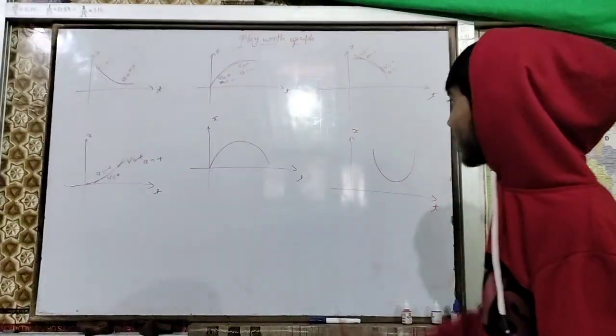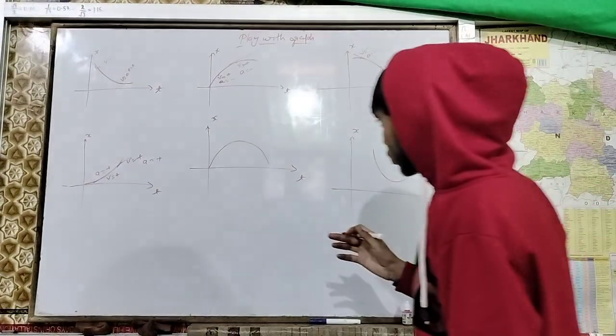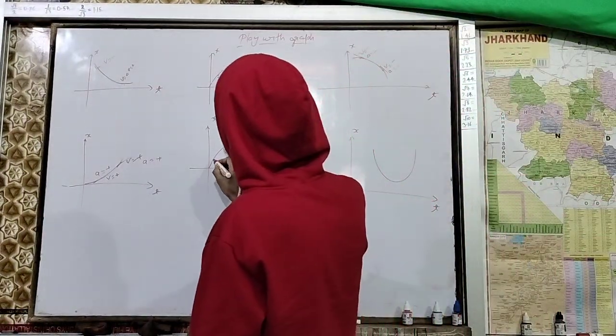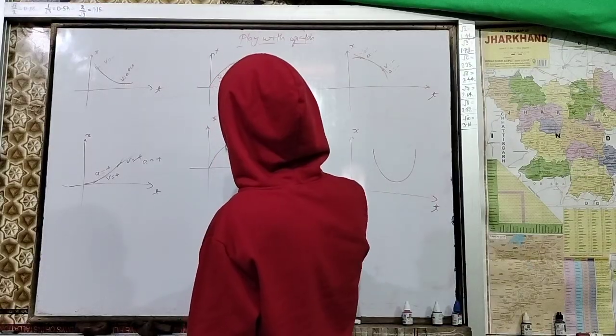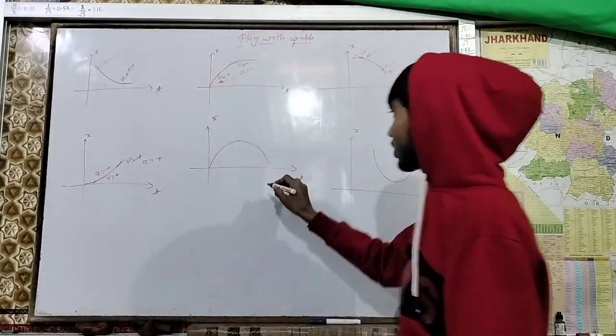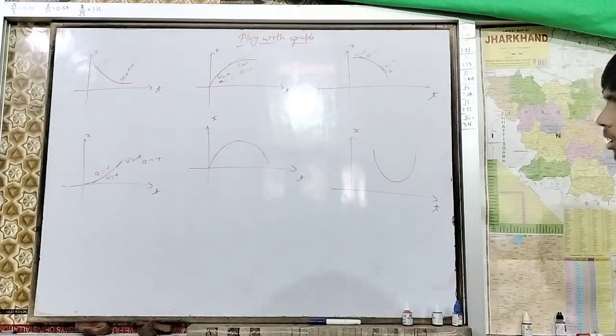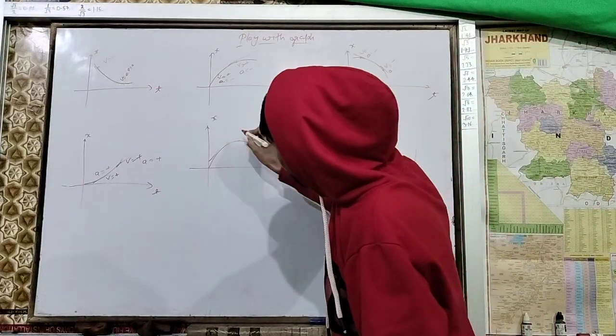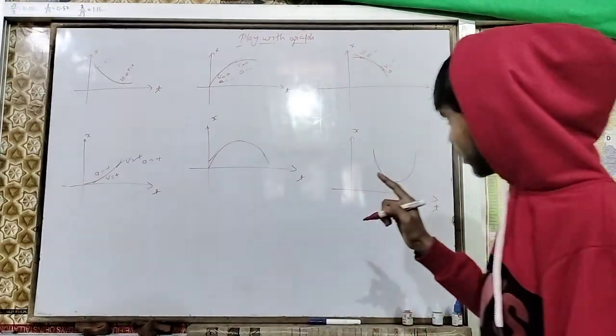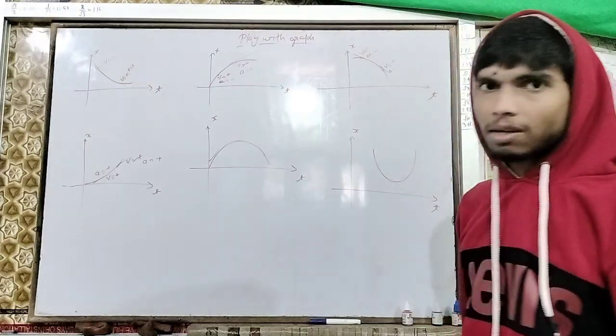Now in this graph, let's draw 3 points. There is a twist in this graph. Here our tangent line is like this, and it is giving an acute angle.